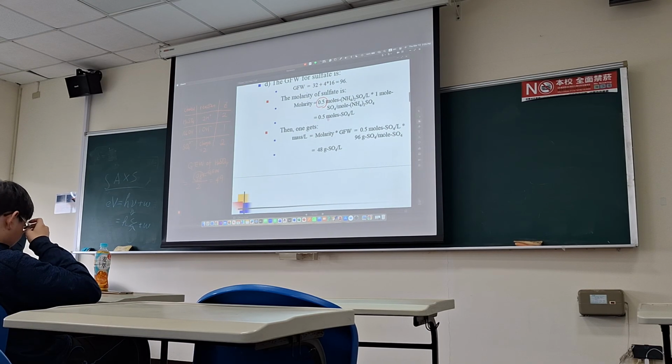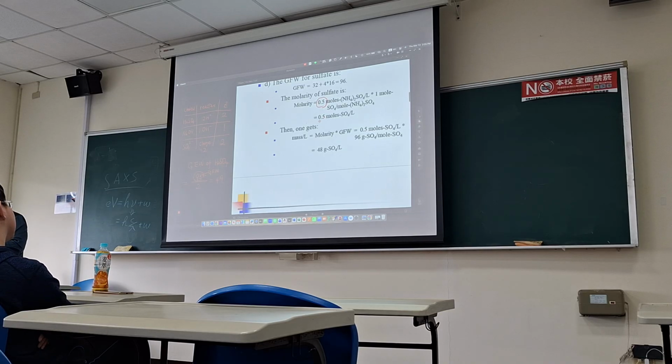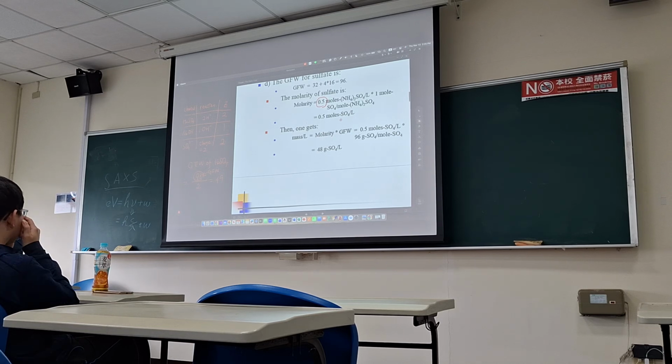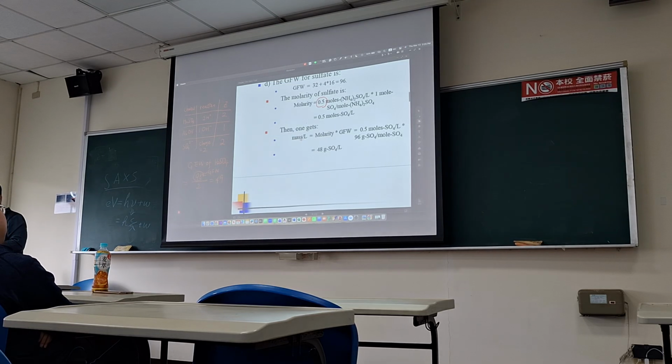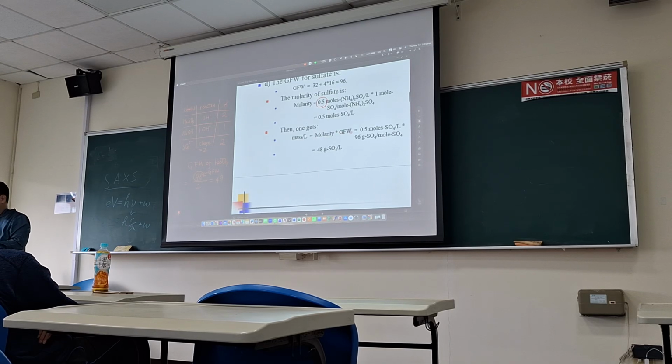So it's also equal to 0.5 moles of sulfate per liter. So mass over liters equals molarity times GFW. That's 0.5 times 96. So we got 48 here.